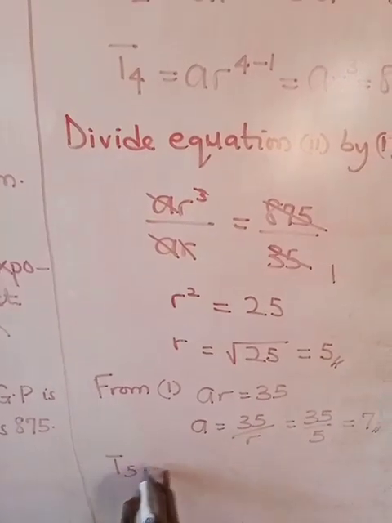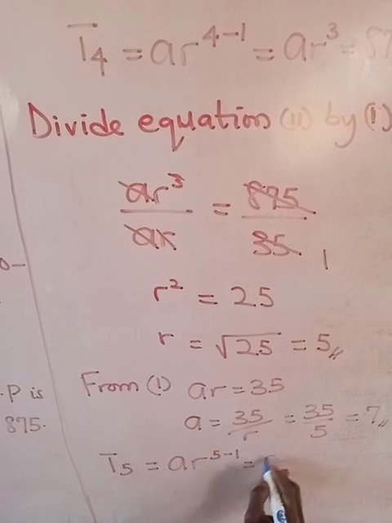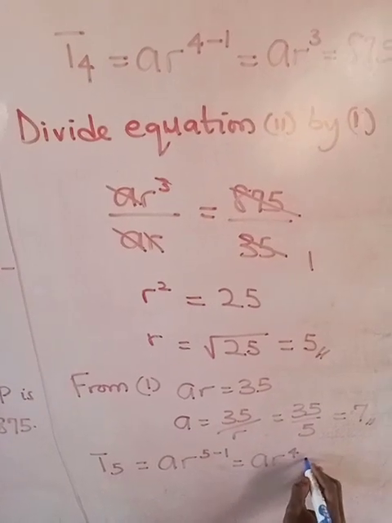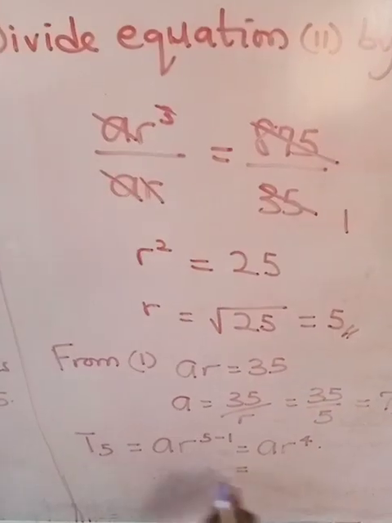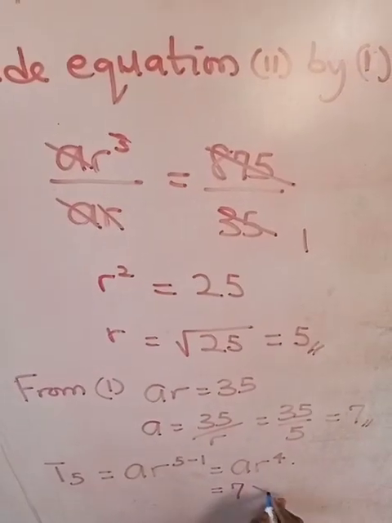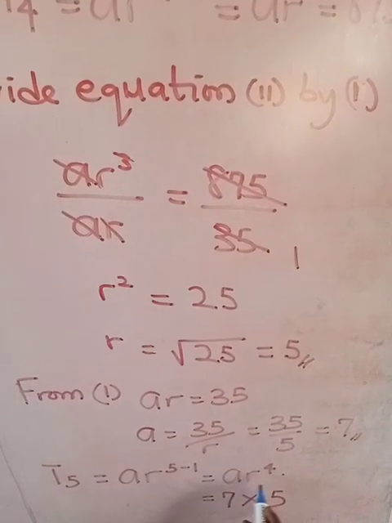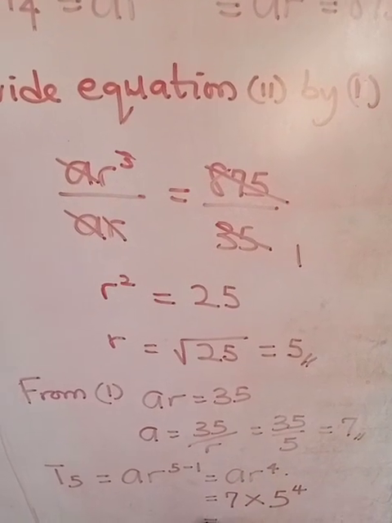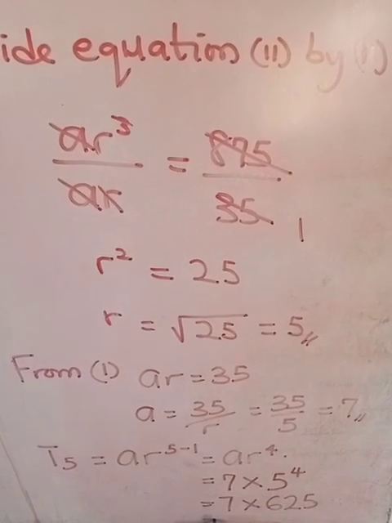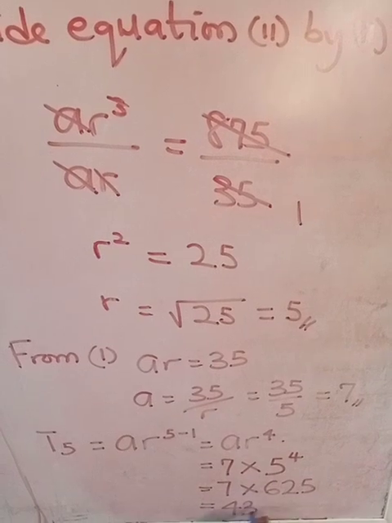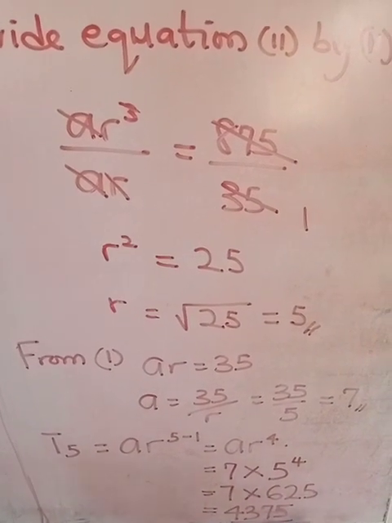T5 will be AR raised to power 5 minus 1, which is AR raised to power 4. We have gotten the first term, which is the first one I asked to find. That's 7 multiplied by 5 raised to power 4. 5 raised to power 4 is 625. So that's 7 multiplied by 625, and the answer will be 4375.